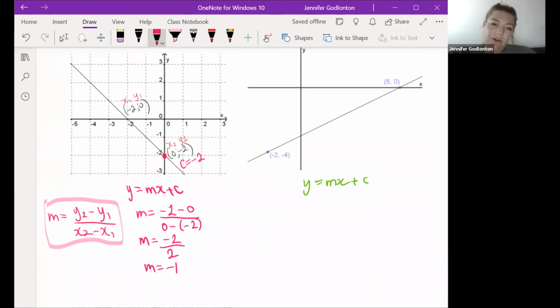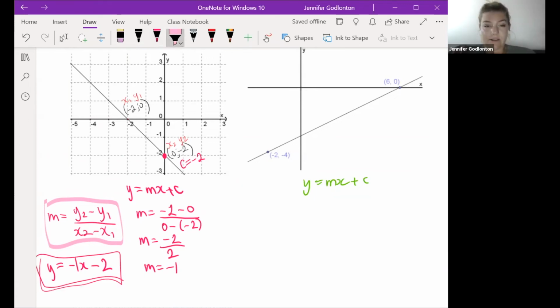We know our c is -2, so this equation is going to be y equals -1x minus 2. There are a few things that help us know our answer is correct. First, our gradient here is negative, and if you look at your graph, it is going down.